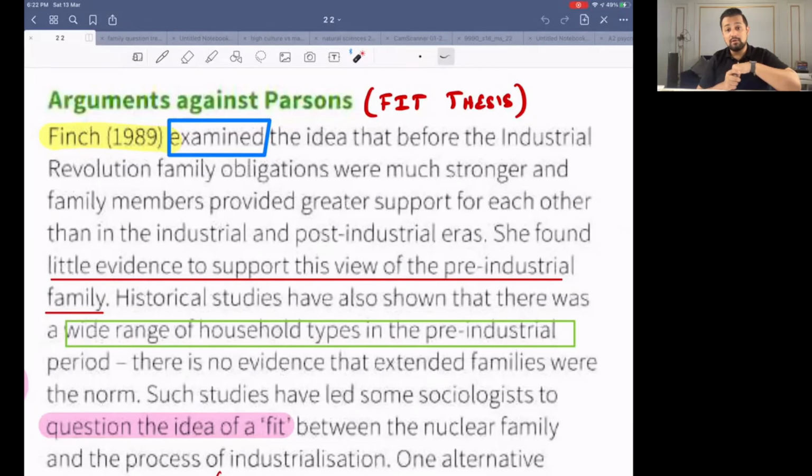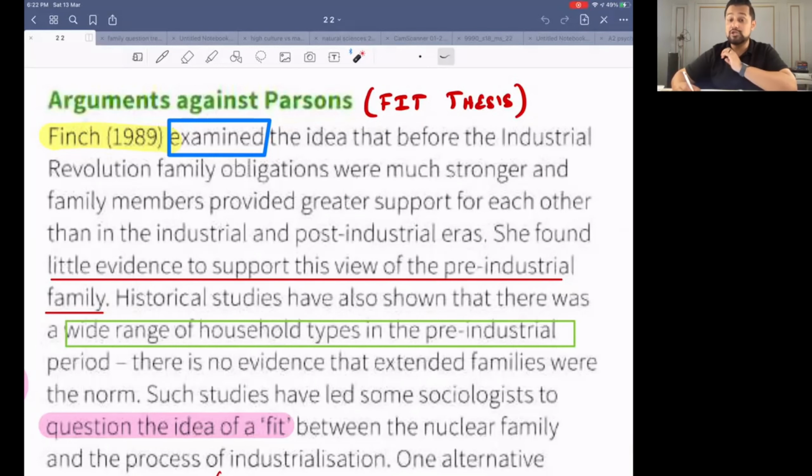According to Finch, in 1989 she examined the idea that before the Industrial Revolution, family obligations were much stronger and family members provided greater support for each other than in the industrial and post-industrial eras. She found little evidence to support this view of the pre-industrial family. Bang! According to Finch, she examined it, and guess what? She did not find what you think used to happen.